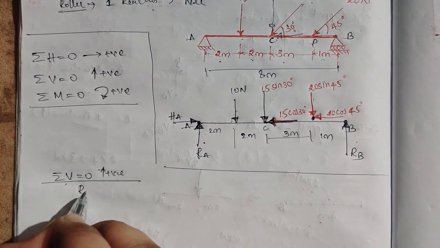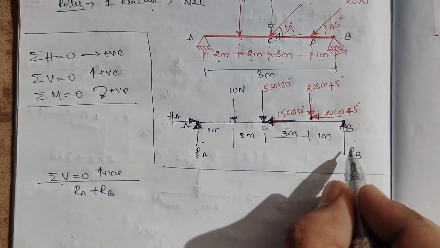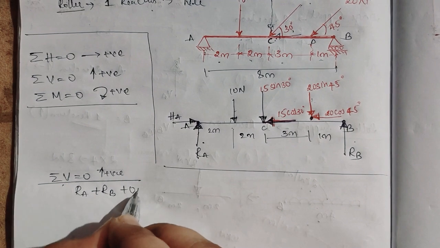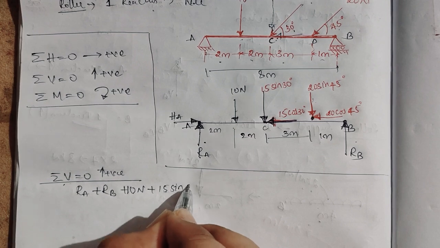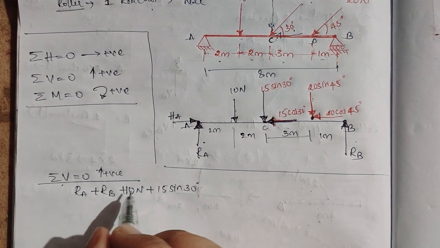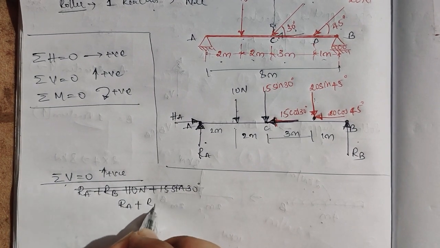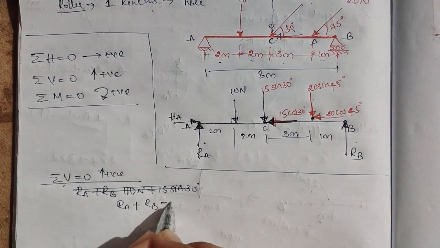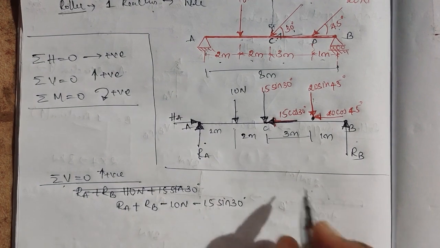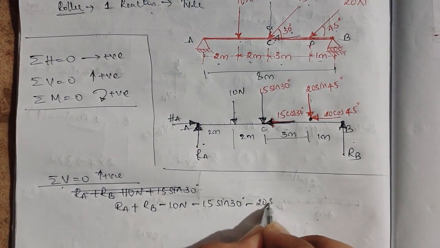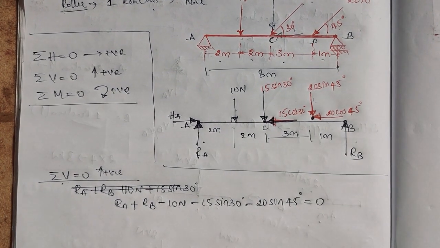So RA plus RB minus 10 Newton minus 15 sin 30 degrees minus 20 sin 45 degrees is equal to 0.